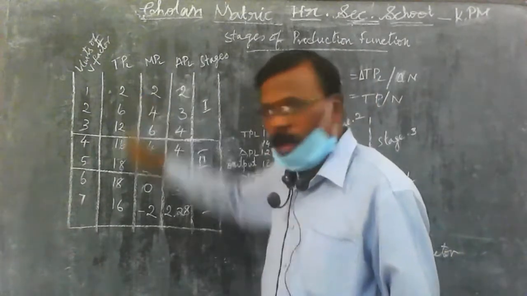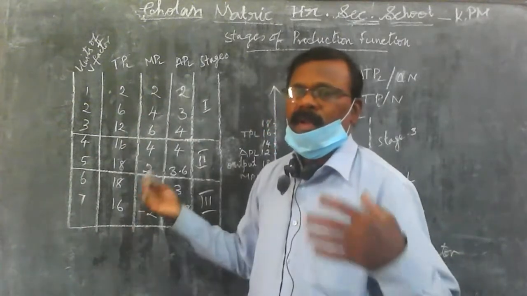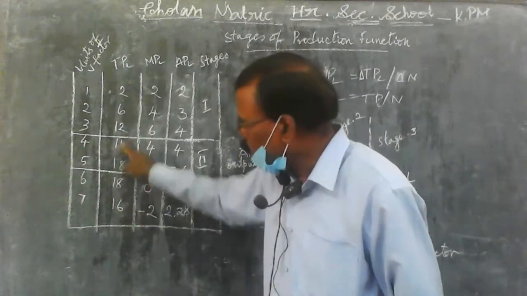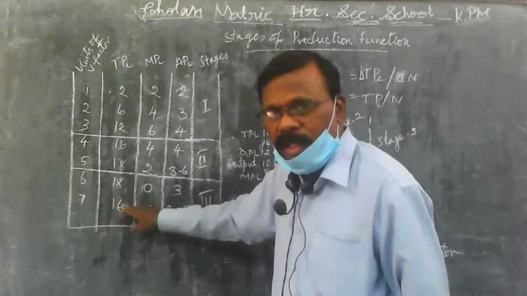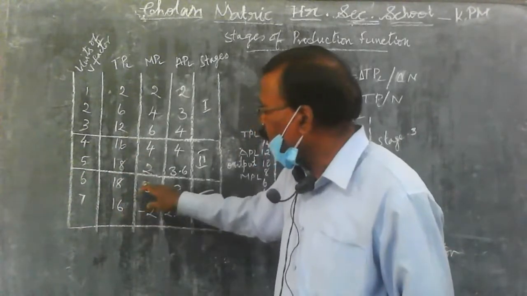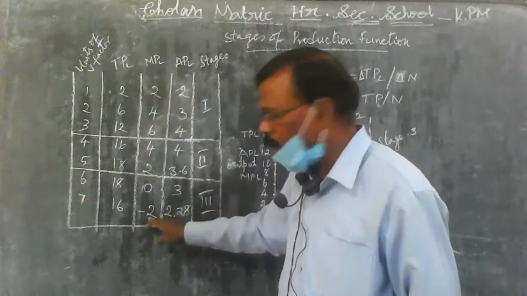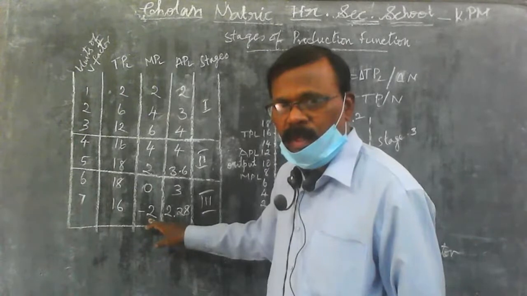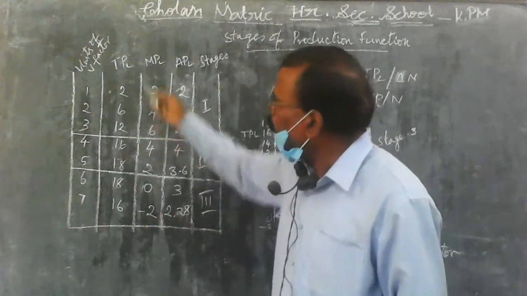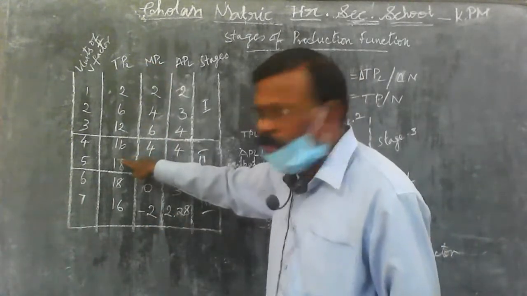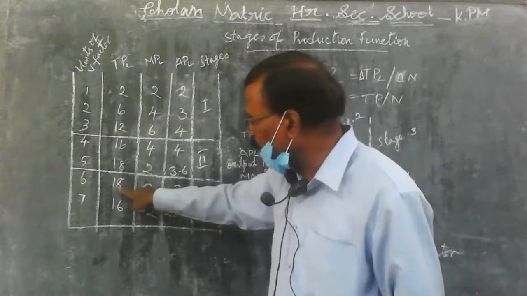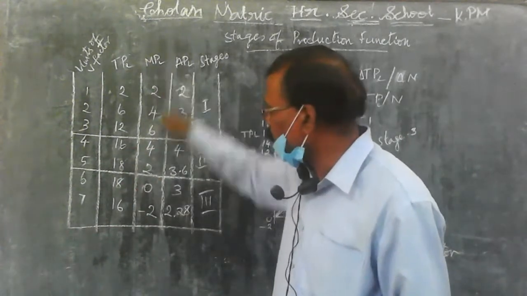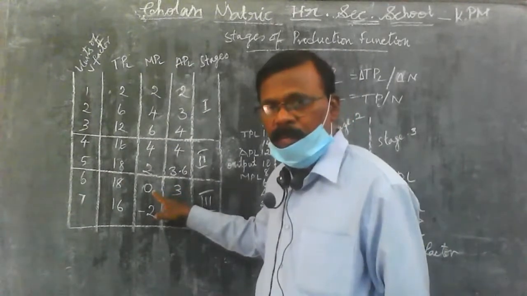Then total product starts declining where the marginal product becomes negative. So when the total product is at the maximum point, that is 18, the marginal product is 0.